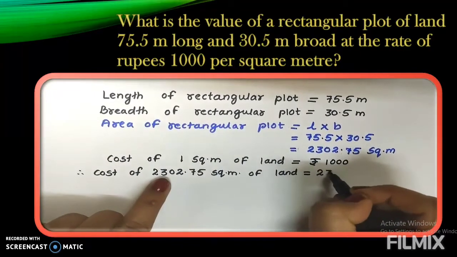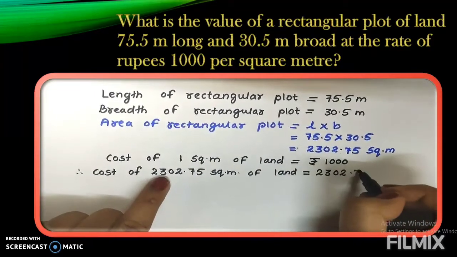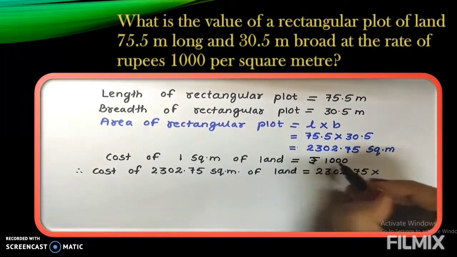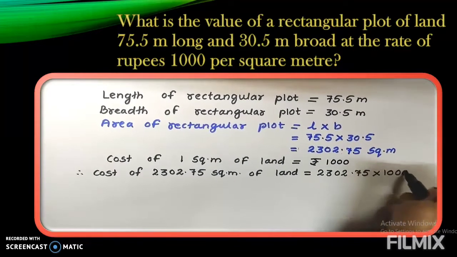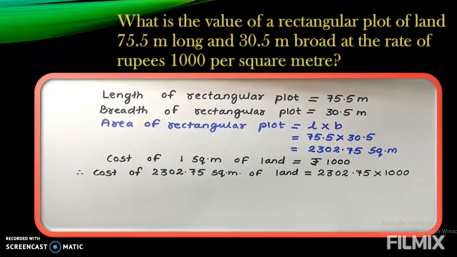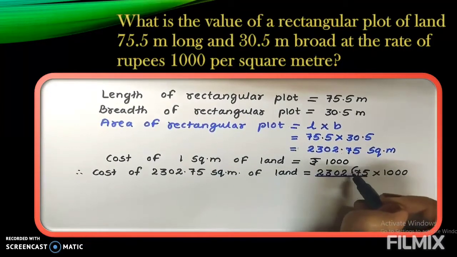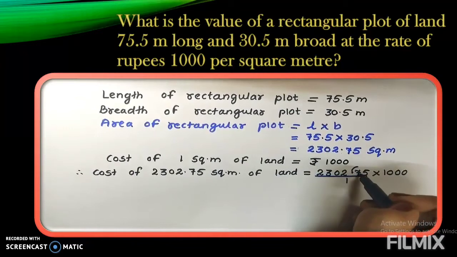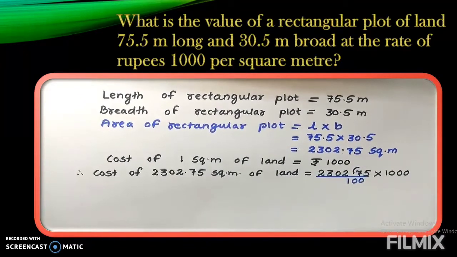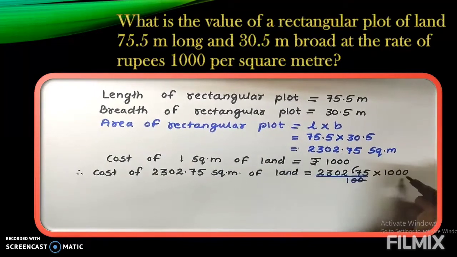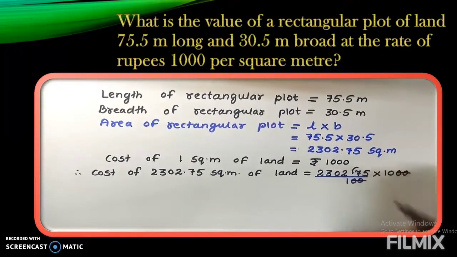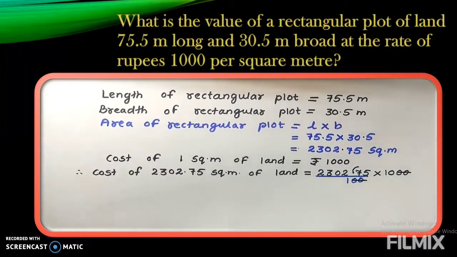That is 2302.75 multiply by 1000. Now we will solve it properly. Now remove this point. After removing this point, what will we get? For this point we will write 1 and there are 2 digits, so we will give 2 zeros. Now do the cancellation. 2 zeros are up, 2 zeros are up, 2 zeros are down, so we will cancel.